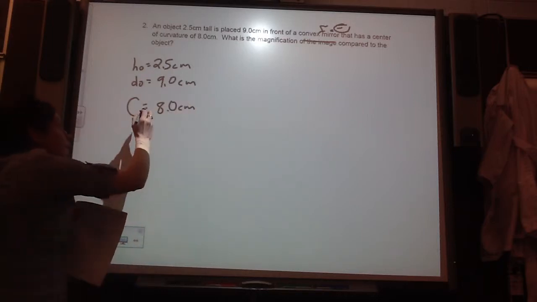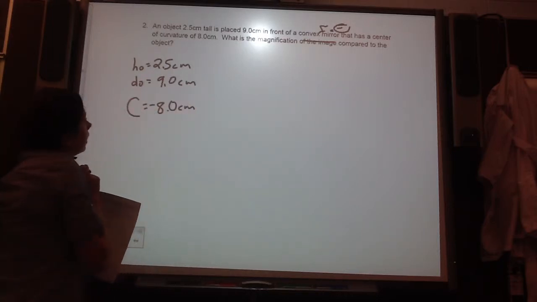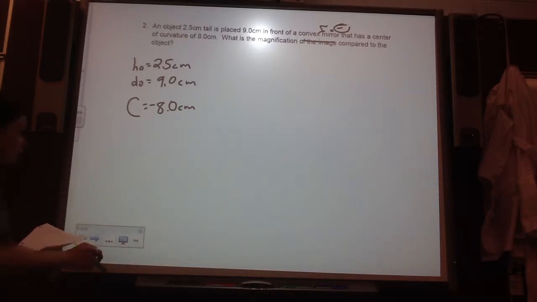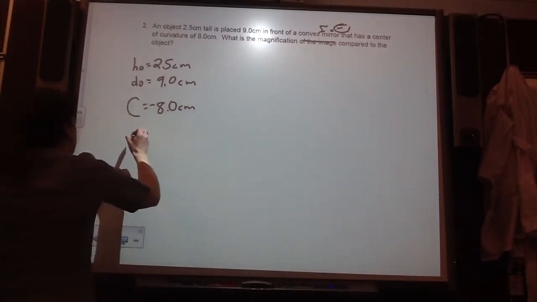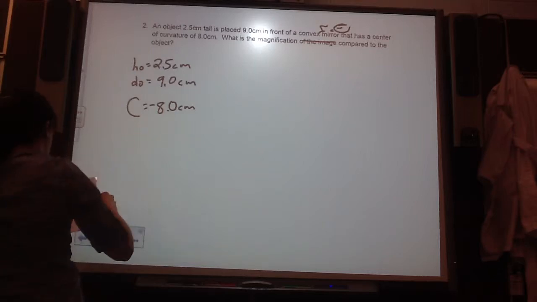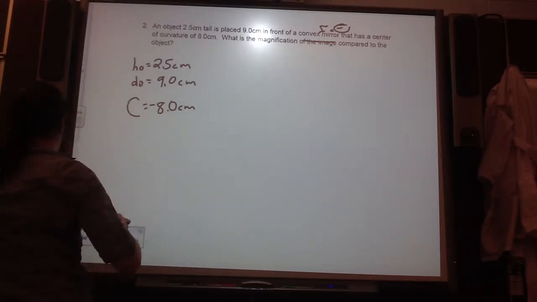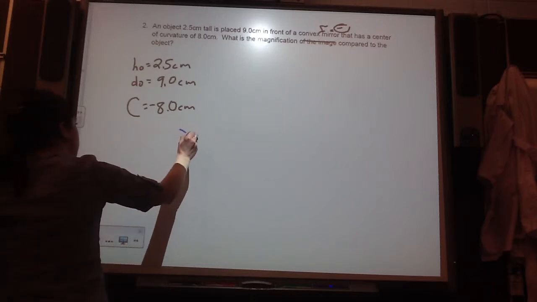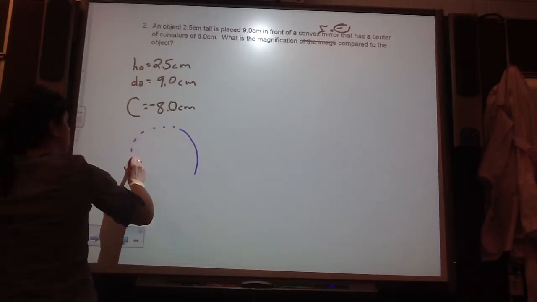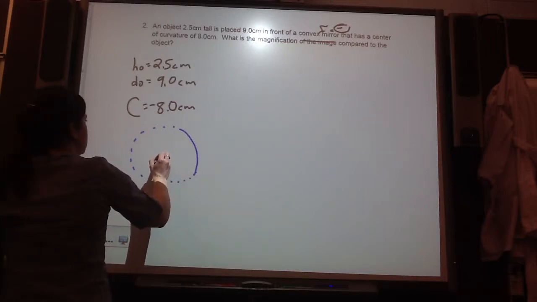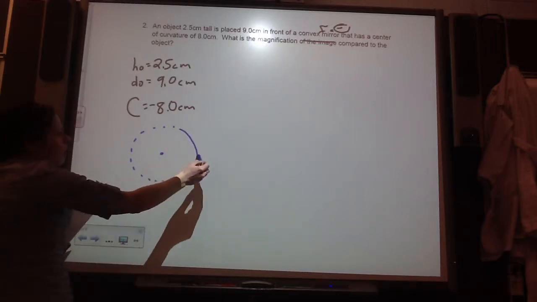Now, this needs to be negative, okay? Negative. So now remember, if we had a sphere, this would be the center for a convex mirror.